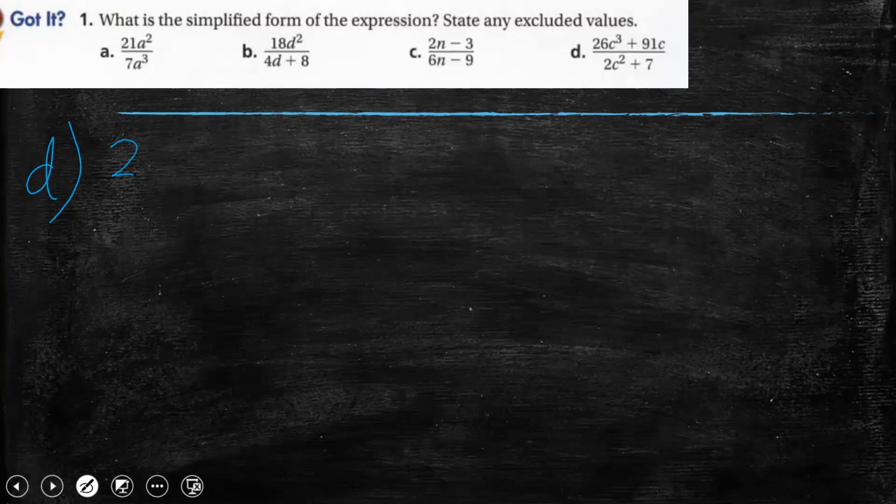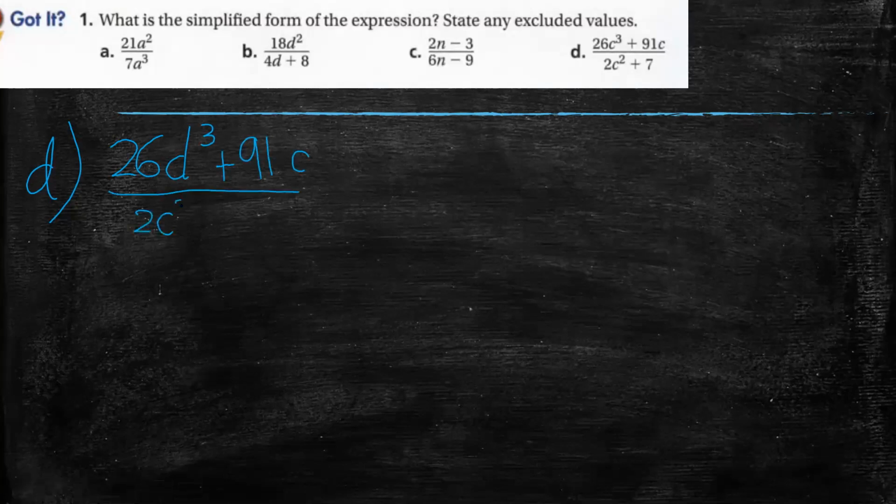Is there anyone who solved it to get the final answer? Teacher, I got 3 multiplied by 26c squared plus 91 over 2c squared plus 7. Teacher, I got 13c. I got 13 plus 13c.